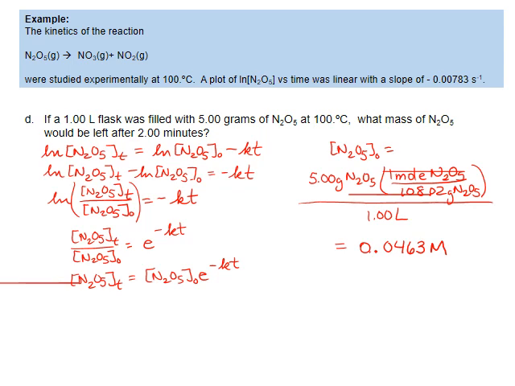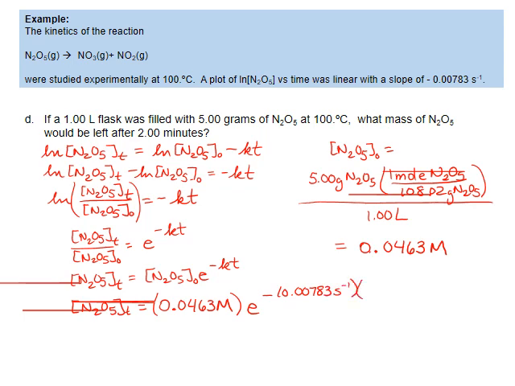Now we can plug in and solve for the concentration of N2O5 at 2 minutes. We'll put in our initial concentration of N2O5, e to the minus kt. Remember that k is 0.00783 inverse seconds.